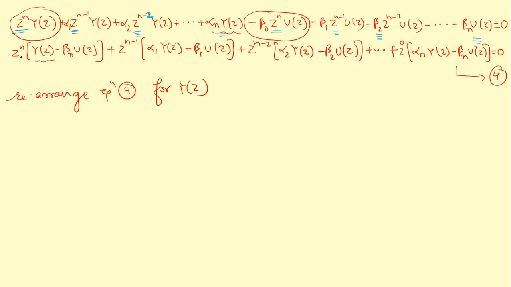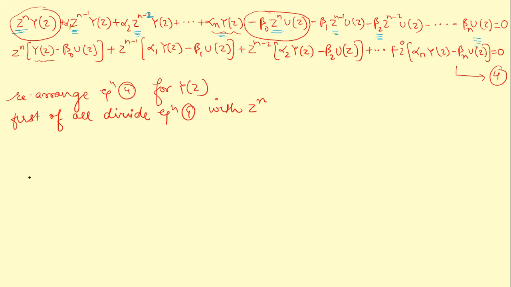So we'll divide this equation with z to the power n. So first of all, divide equation 4 with z raised to the power n. If we do so, we will have yz minus beta naught uz, right?